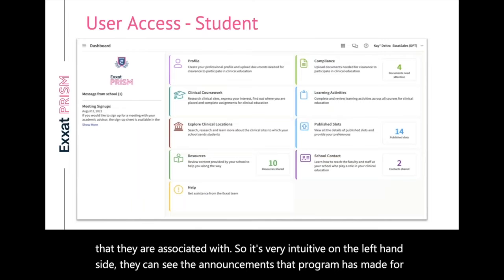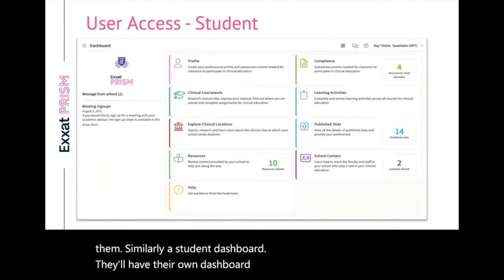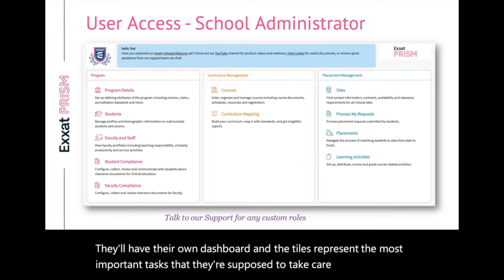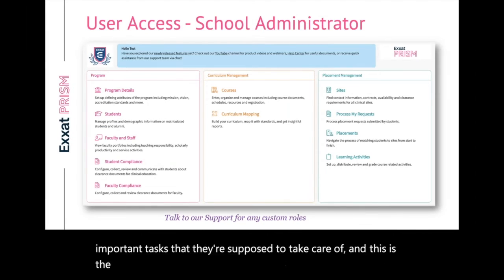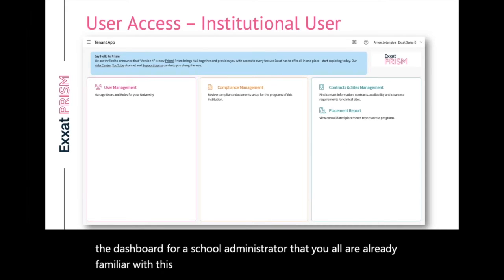Similarly, a student will have their own dashboard, and the tiles represent the most important tasks that they're supposed to take care of. And this is the dashboard for a school administrator that you all are already familiar with. This is the institutional users. So this is at the university level.